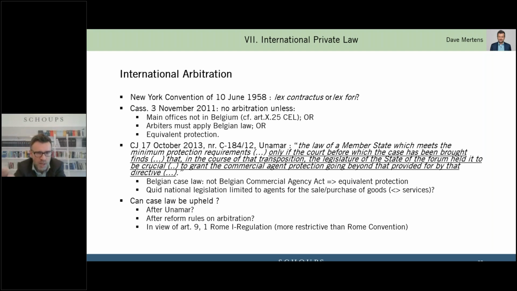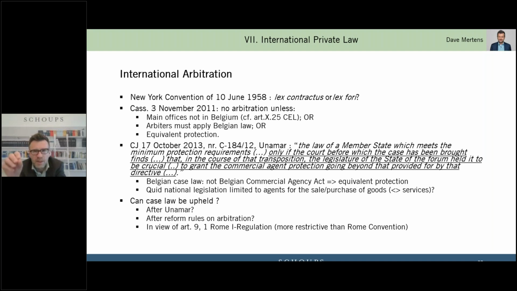At least you could argue that, because some authors have said that after Unamar, the initial case law of 2011 no longer applies. I don't agree with that. That's not what Unamar says. It only applies to choices for other European Union law, not beyond that.